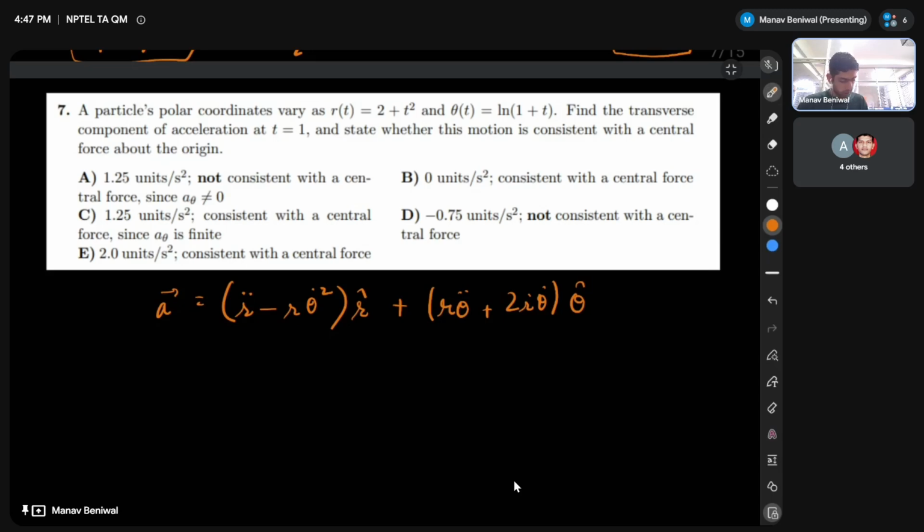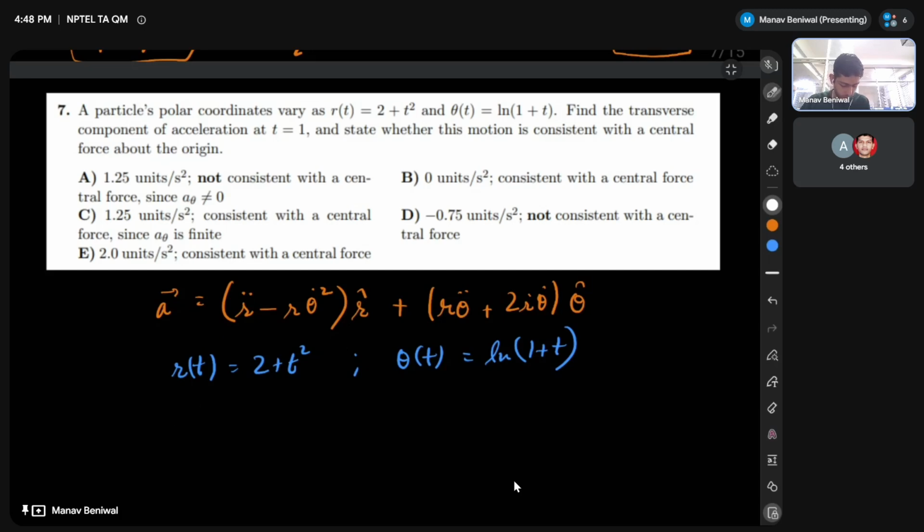Now we are given two things. First of all, my r of t is 2 plus t squared and my theta of t is log of 1 plus t. Let us find out all these components.